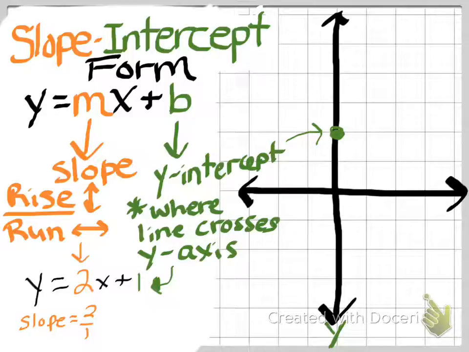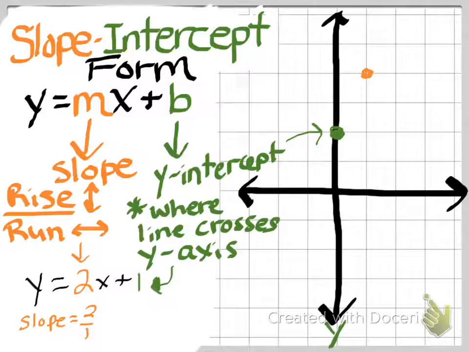From there, we need to use our slope. Slope is rise over run, and in this case it's 2 over 1. So we're going to rise up 2 and over 1, which brings us to this point. We plotted our y-intercept, then from the y-intercept we applied the slope.